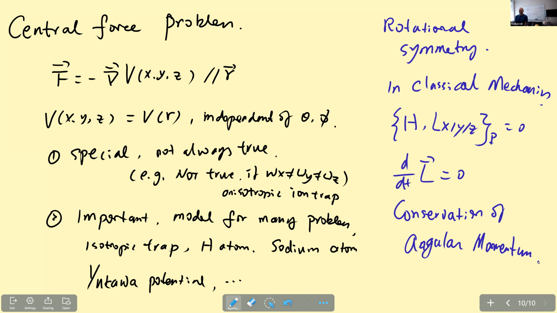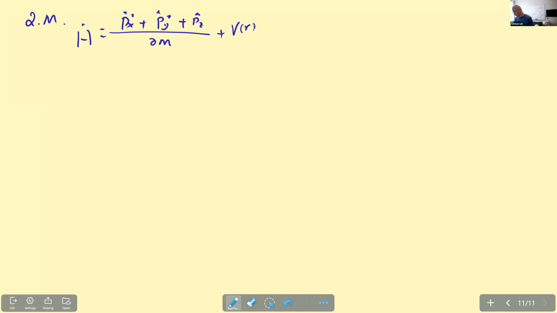Okay. All right, so this is so obvious. And now let's check quantum mechanics. Right, the Hamiltonian equals px squared plus py squared plus pz squared over 2m, okay, and plus V(r), right?